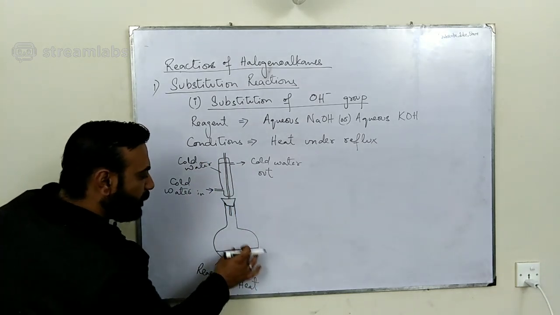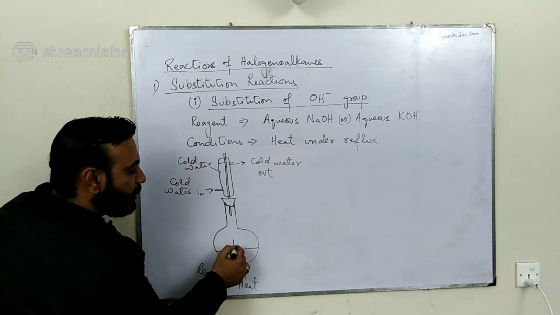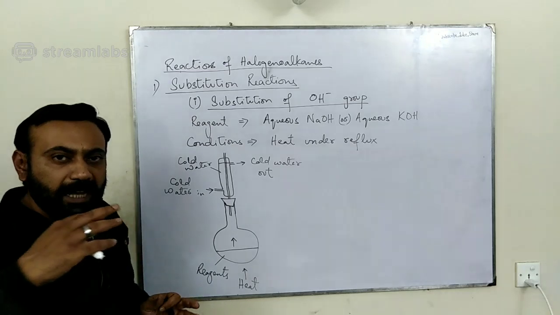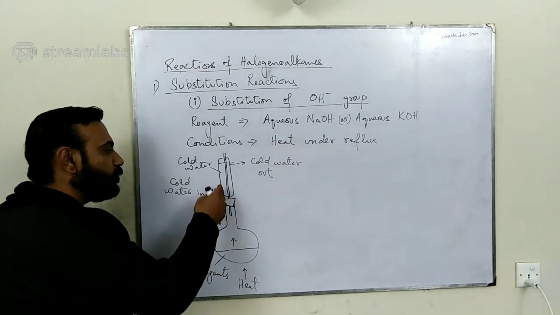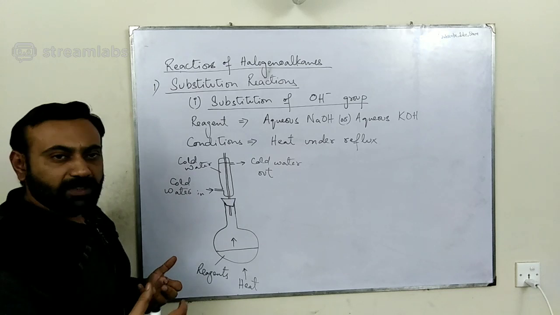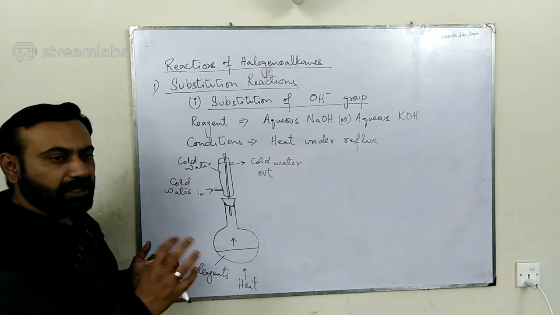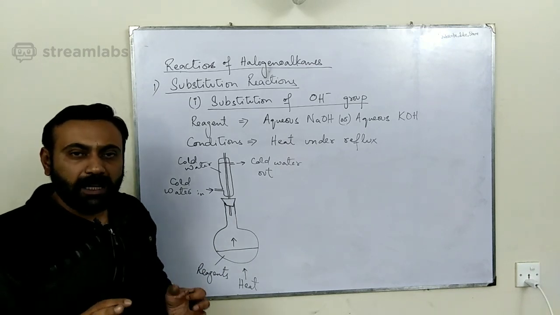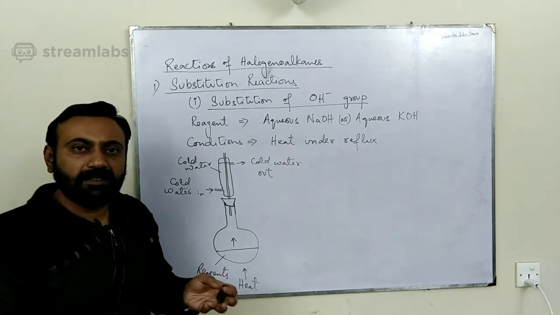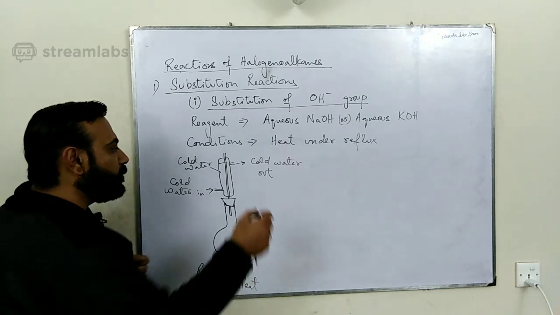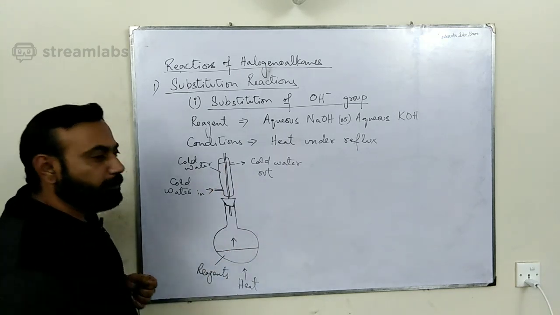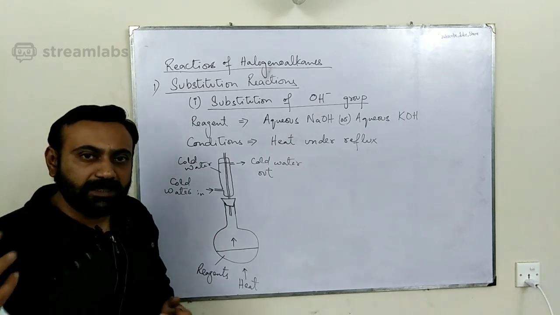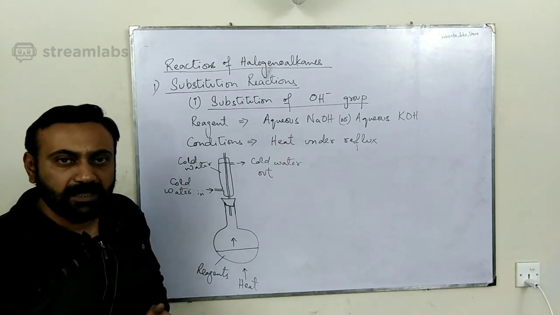So now the vapors of halogenoalkanes which started escaping from this reaction mixture have no other place to go but into the inner tube of the condenser. When they move into the inner tube, they face a low temperature. At that low temperature, they condense, turning back into liquid form, and those liquid droplets fall back into the reaction mixture. This is how we do not let the volatile liquids escape, and the reaction is completed.